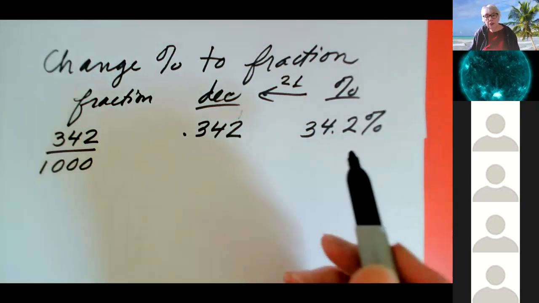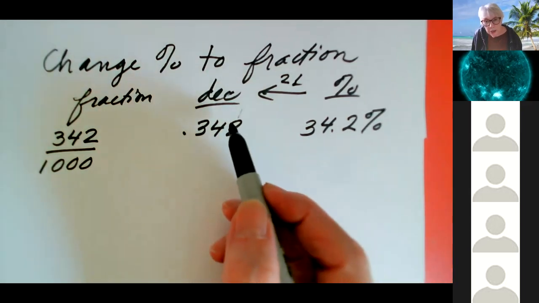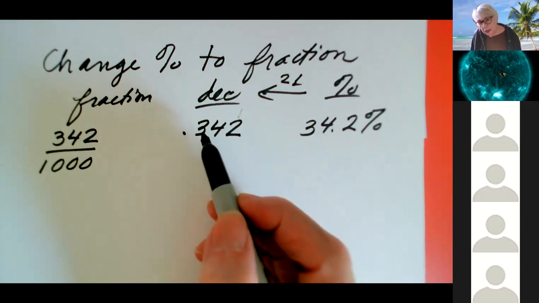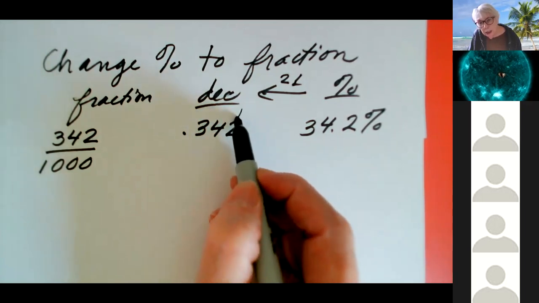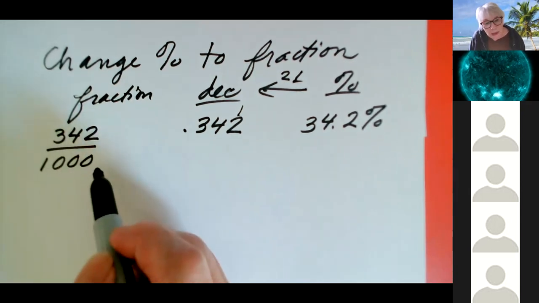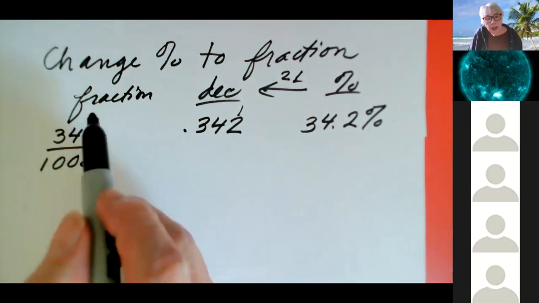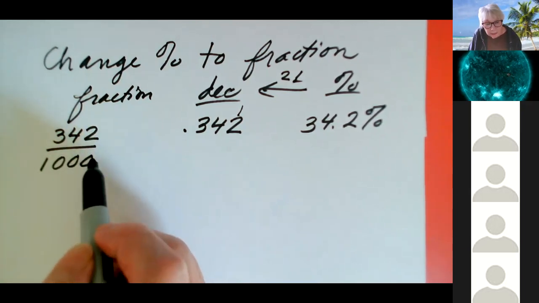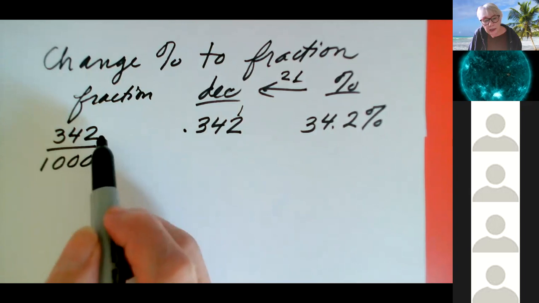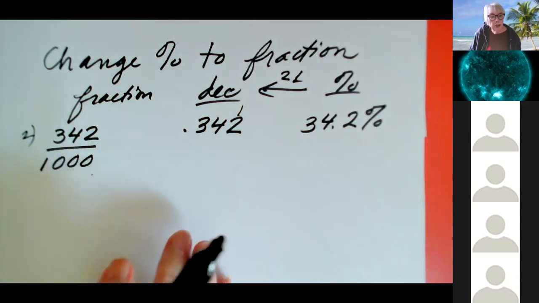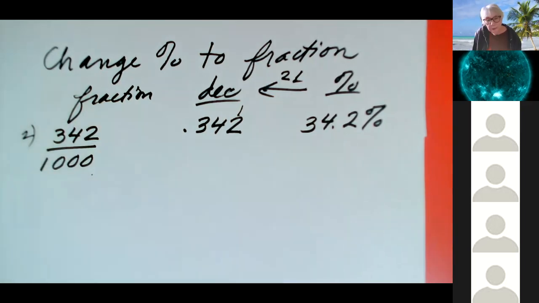The problem is we got from here to here with 2 decimal places to the left. We then would read this as 342 thousandths, which is this. Then this, because it's a fraction, needs to be reduced. Now they're both even. And so because of that, I'm going to divide both of them by 2 and see what happens.